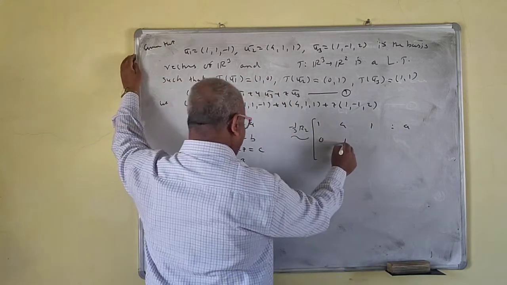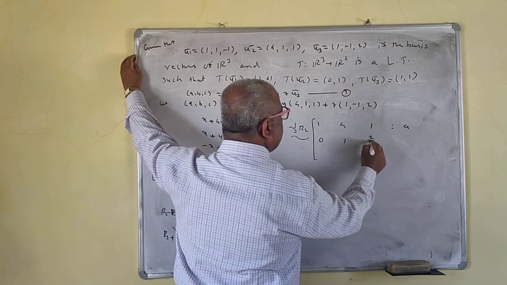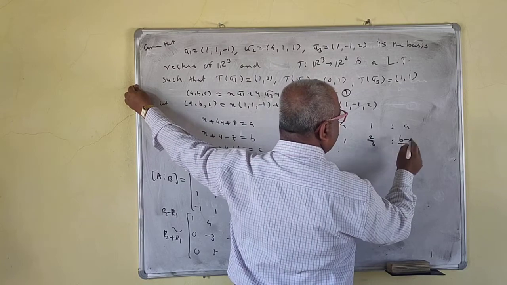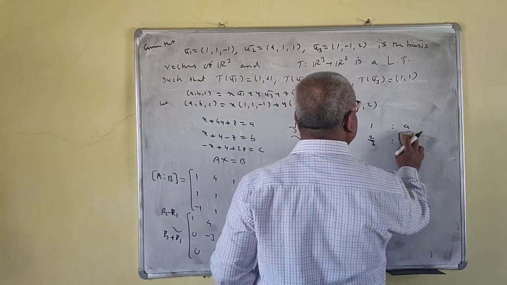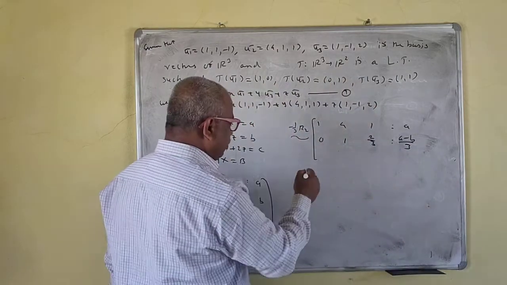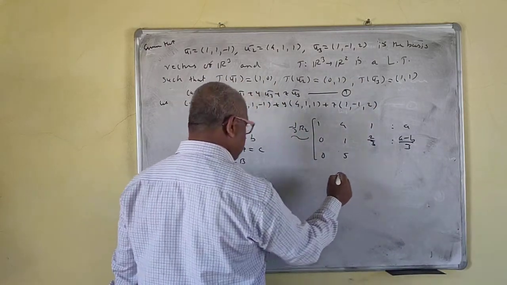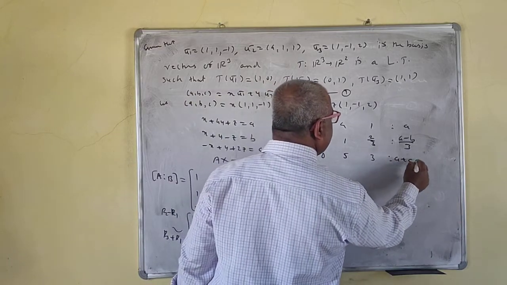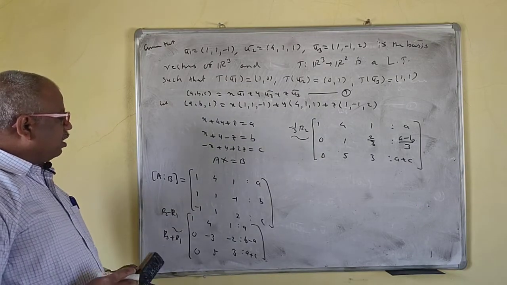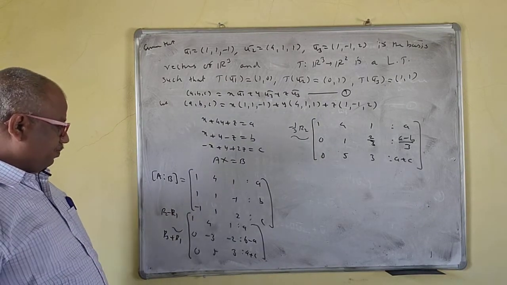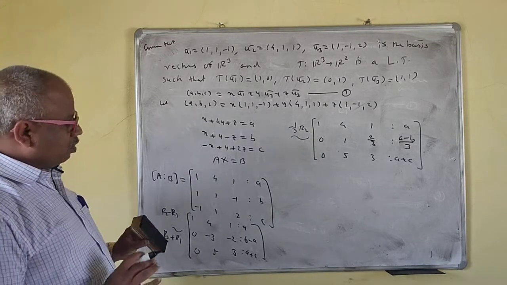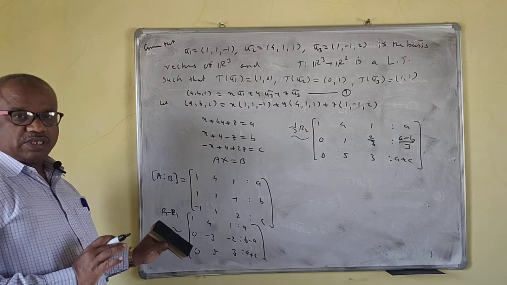Then 0, 1, 2 by 3, and a minus b upon 3, because we divided by minus 1 by 3 so the sign changes. Then 0, 5, 3, a plus c stays as it is. You have to take care everywhere, because if you make a mistake somewhere, you will get a wrong answer, so do all the calculations carefully.